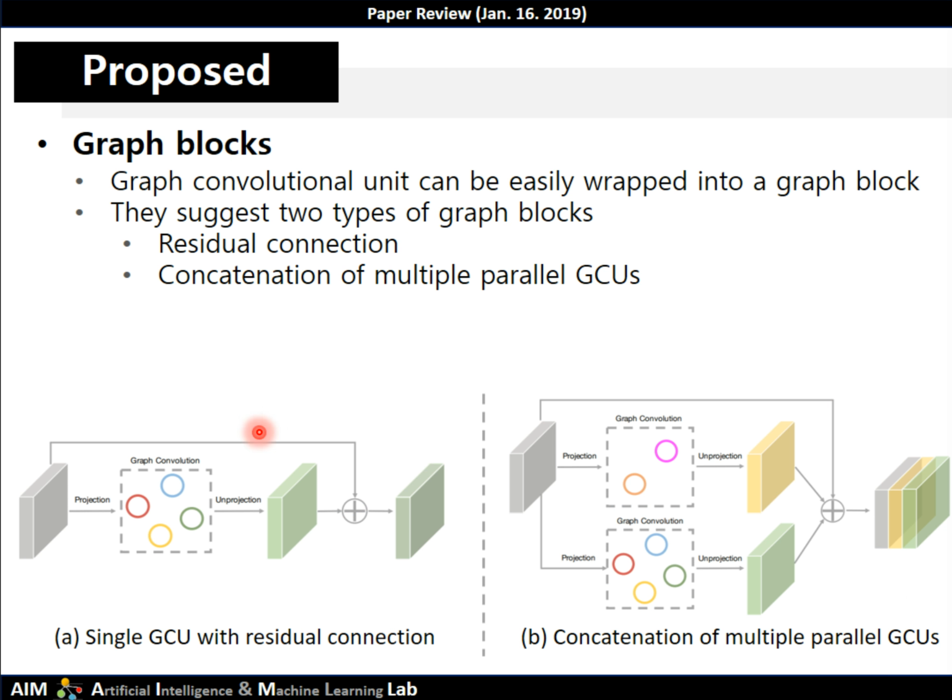The proposed graph convolutional unit can also be easily wrapped into a graph block and incorporated into an existing network. They suggest two types of graph blocks. First, a residual connection from the input feature map.